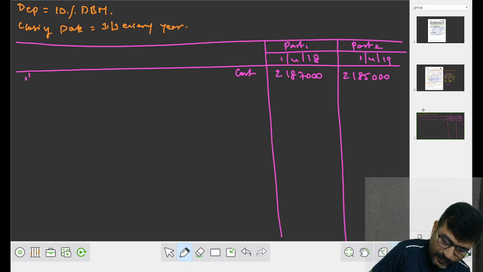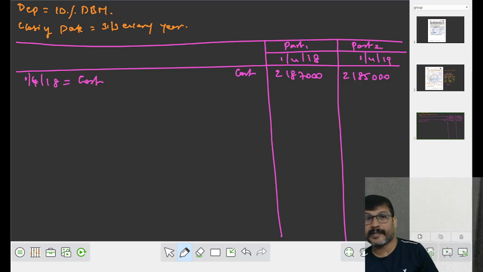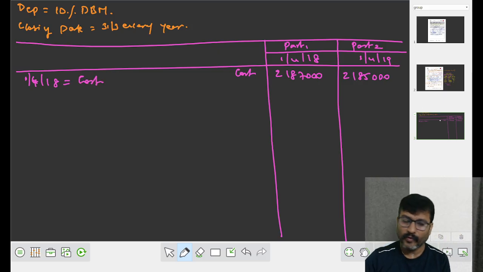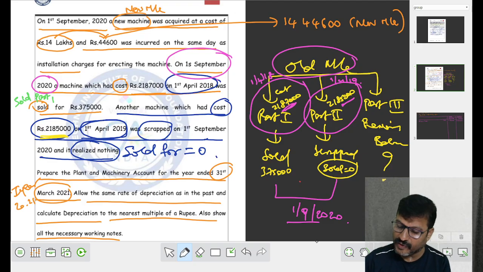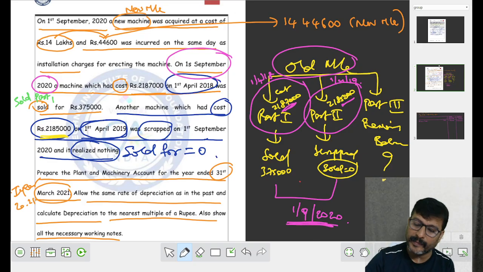When? 1st April 18, they have mentioned the cost. This is given on what date? April 18. When these two machines are scrapped and sold? On September 2020. When the balance of the old machine is given?